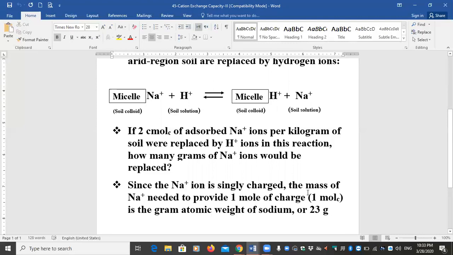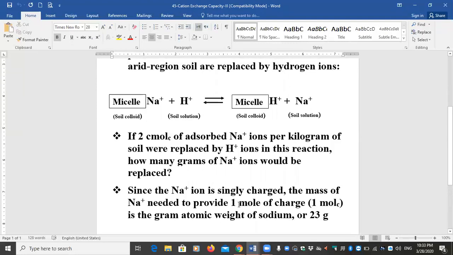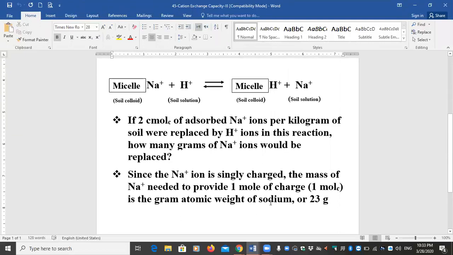Remember, if you go back to your notes in the undergraduate chemistry that you studied, 1 mole of an element, sodium is an element, 1 mole of it in grams is the atomic weight of that element. So sodium, the atomic weight of it is 23.